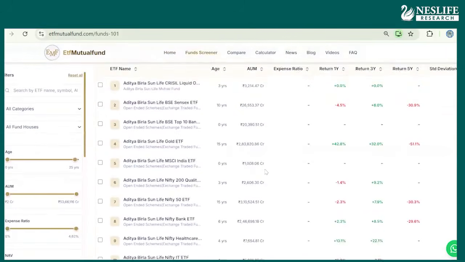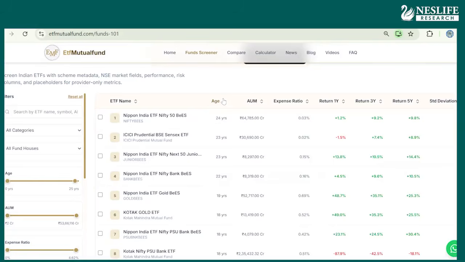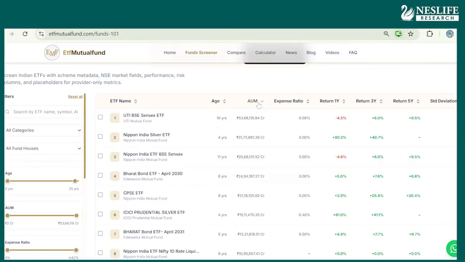So we have developed this website, and those criteria are added. You can say we have demonstrated here. Age may not be much relevant, but AUM should be highest in a particular category. Let's go to the first category then, because there are hundreds of funds.